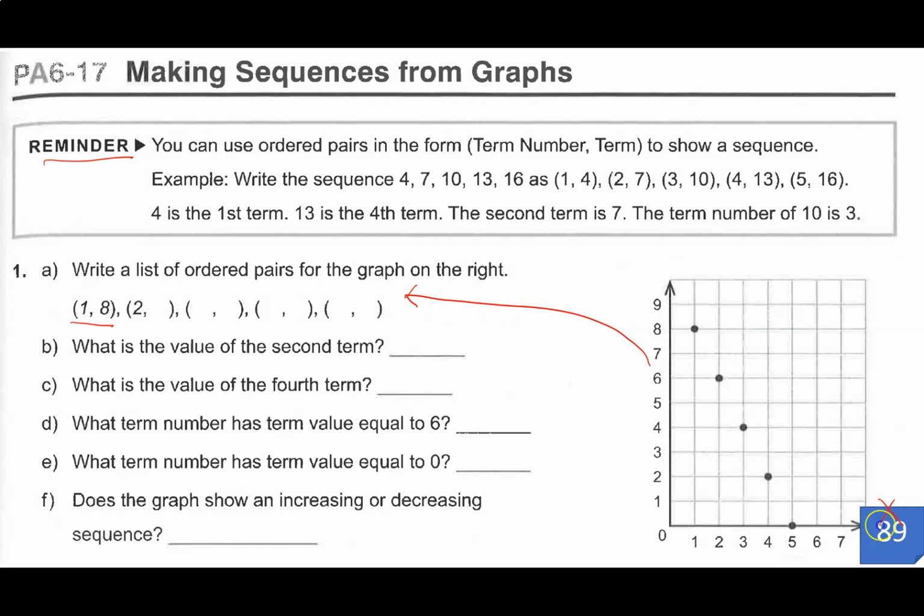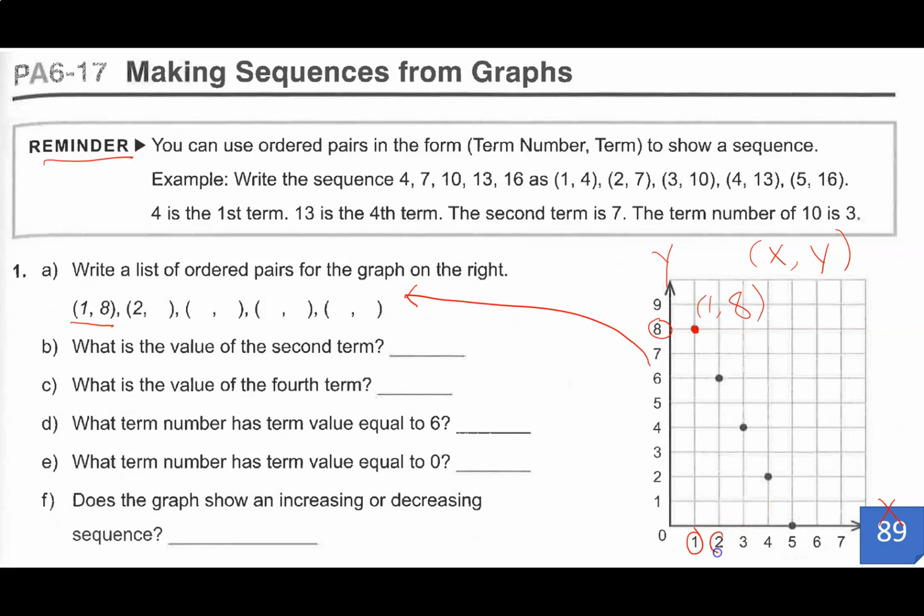So I'm going to put an x here and a y up here to remind us of the x and y axis. And then remember the ordered pairs are listed with the x value first, followed by the y value. So 1 and 8 is right there, and that one was done for us.